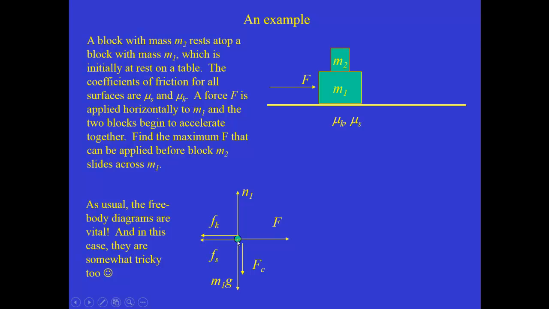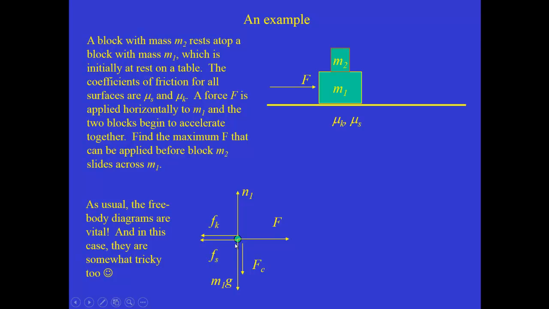But now there are three additional forces acting on block M1. First of all, I've labeled it F sub C here. It's the contact force of M2 pushing down on M1. And you could think of this as a normal force, but I'm not going to draw it that way because I don't want to confuse things. So F sub C is the force of M2 acting on M1 because they're touching.